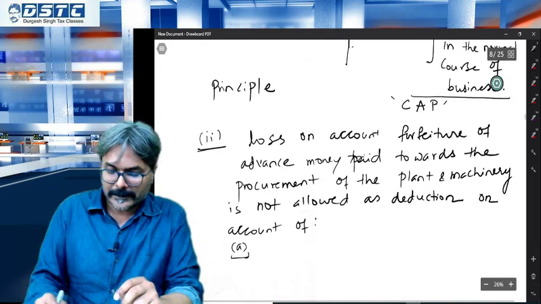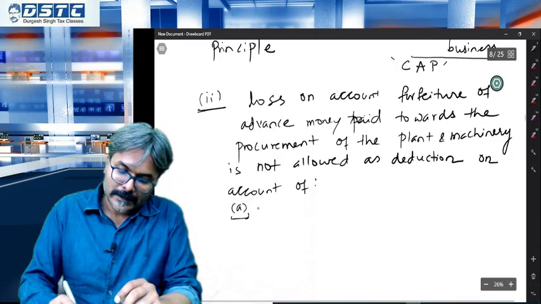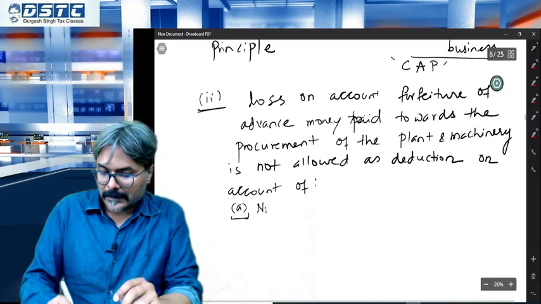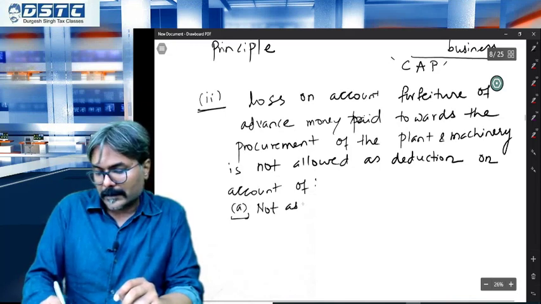What, students? Point number A: not as per commercial accounting principle.